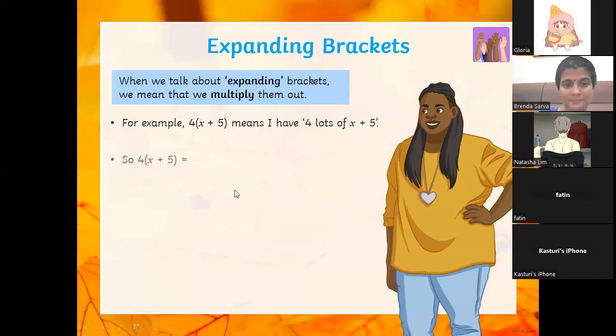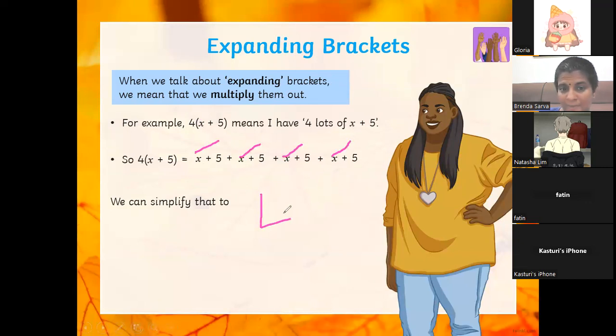Okay, let's see. You see that? They repeat it 4 times. x plus 5, x plus 5, x plus 5, x plus 5. Remember we were doing all the simplifying earlier? So x plus x plus x plus x, this is where 4x came in. 5 plus 5 plus 5 plus 5 was 20.